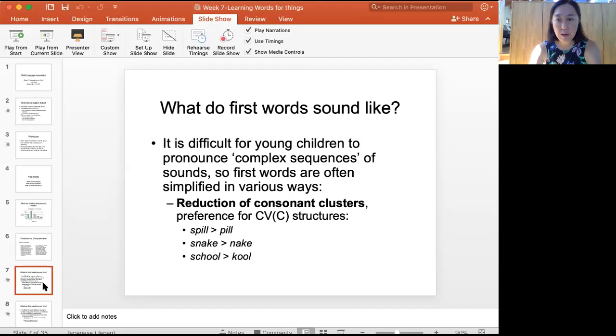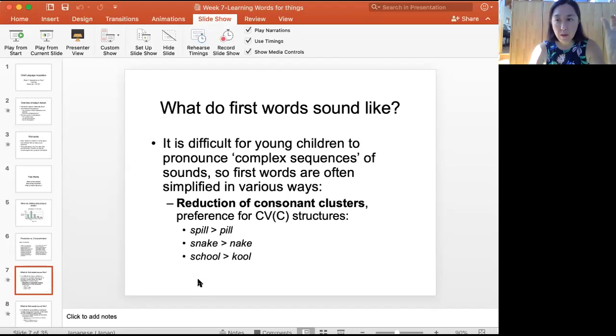Let us look at examples. Here there's the word spill, and you see two consonants, S and P, in the beginning. Similarly, snake, school. They all have consonant clusters, and children simplify these by simply dropping the first sound.